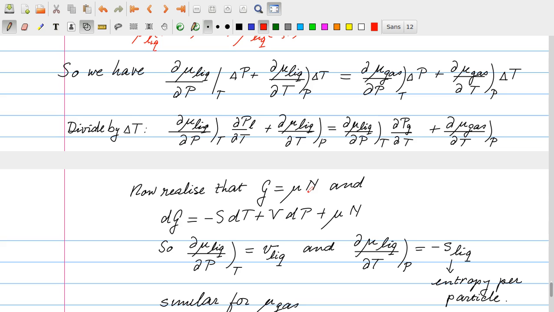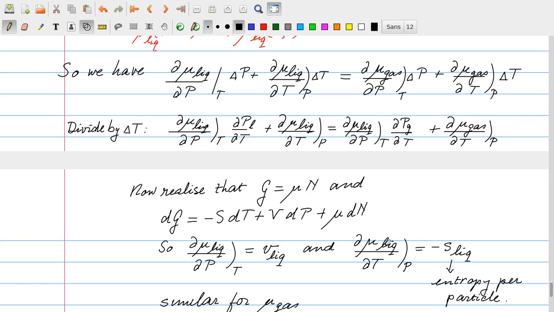And if I work out via the first law the small change in G as a function of the parameters T, P and N, so this should be a dN, I find this equation, and so we immediately see that d mu liquid dP, so that's this term, gives me V. I'm looking at mu, so I have to divide by N, so I get the liquid volume per particle.